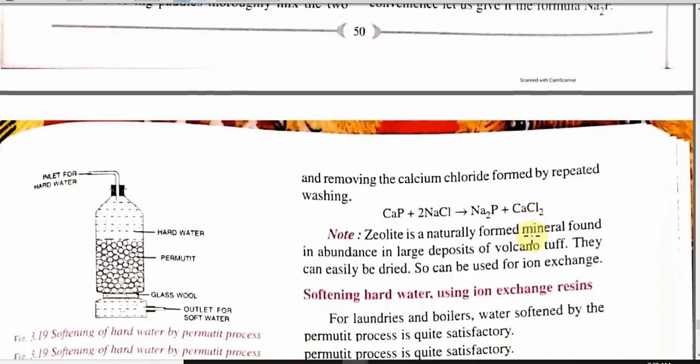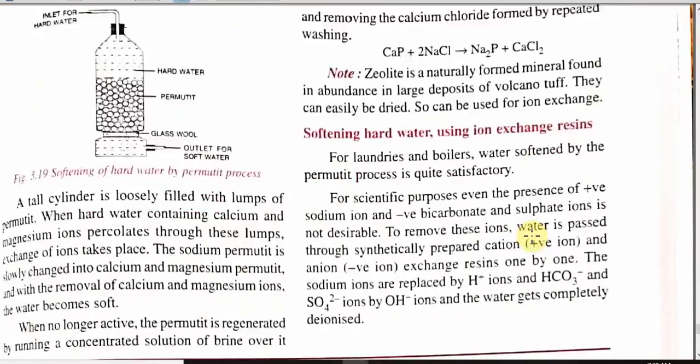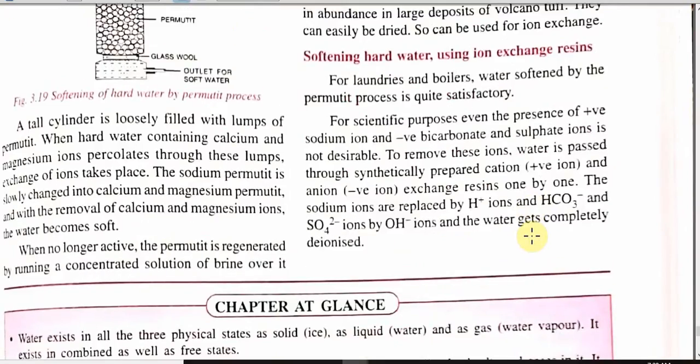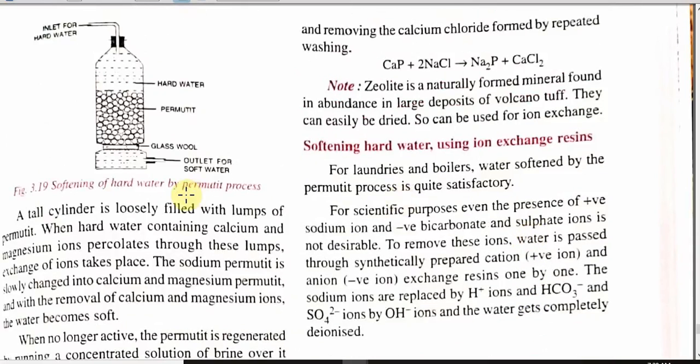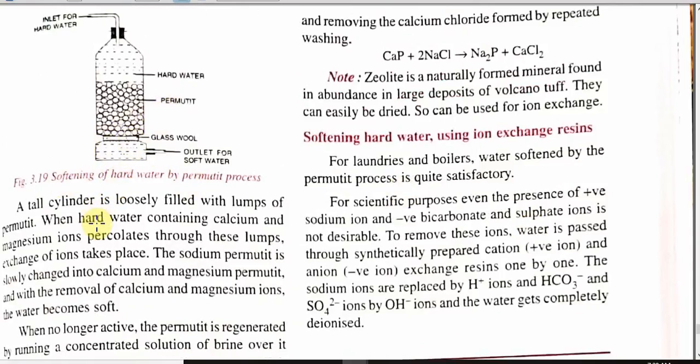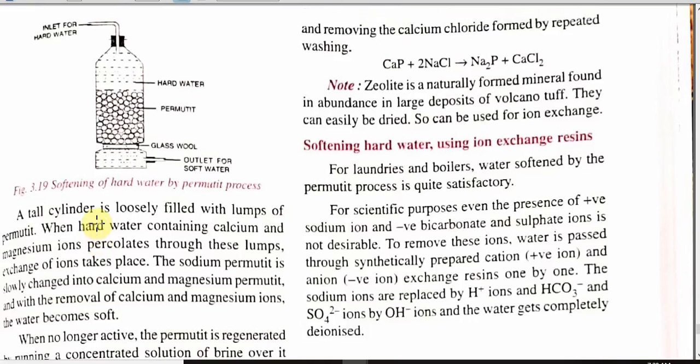So let us consider, if we are using the formula Na2P, this is actually the zeolite chamber. You can see the zeolite chamber or permutit process. A tall cylinder is loosely fitted with lumps of permutit. When hard water containing calcium and magnesium ions percolates through these lumps, exchange of ions takes place.